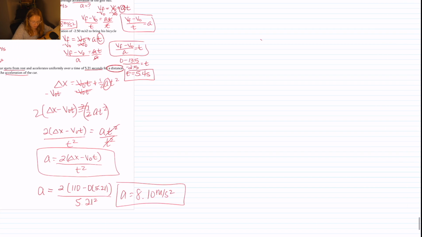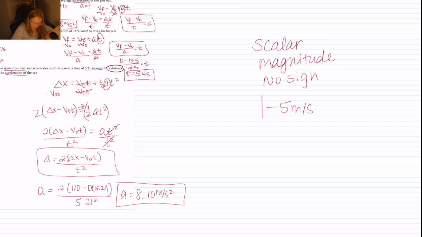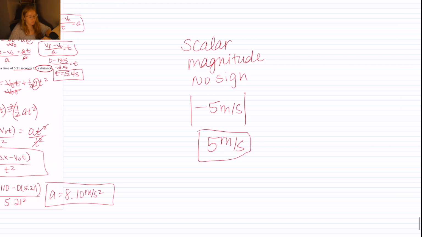So remember that your scalars, they only care about the magnitude. Okay, so don't pay attention to the direction. There's no sign. If it says -5 meters per second, for instance, the magnitude would be 5 meters per second because we don't want to pay attention to the negative. So take like the absolute value.